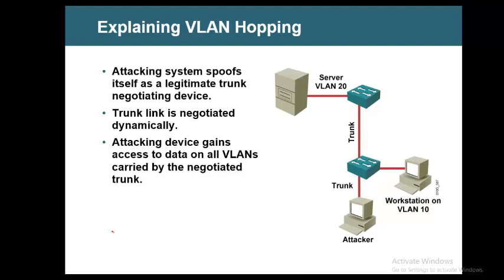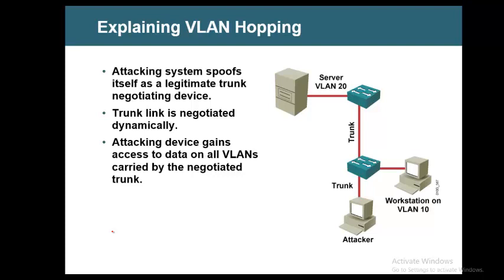So the attacking device gains access to all VLANs and the data in those devices that are in all VLANs. See, very simple. Sitting in a computer, he can see all your VLANs. And now what he can do, if he can negotiate trunk, he can also generate packets with some VLAN ID.